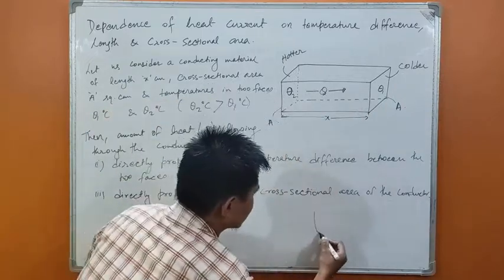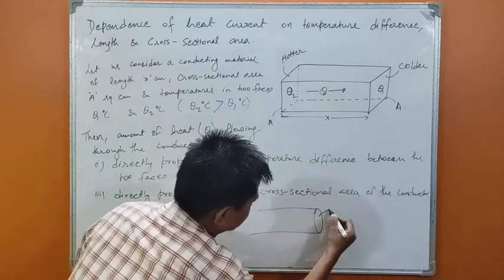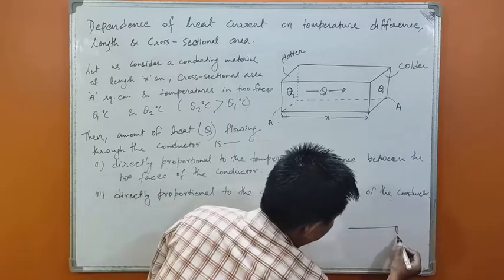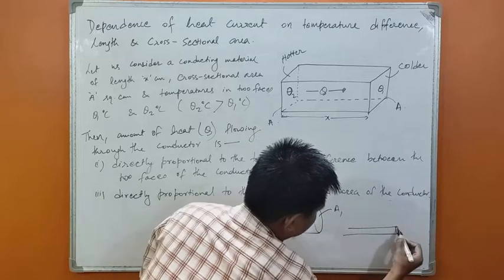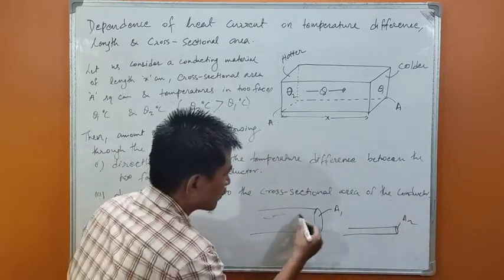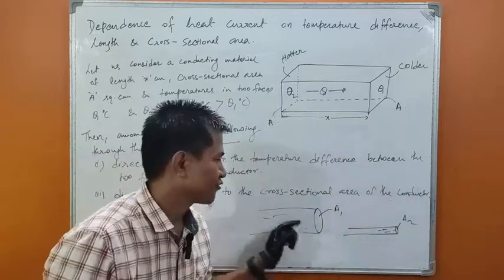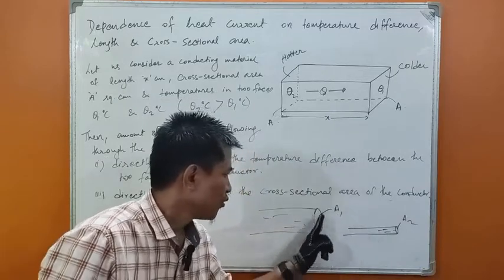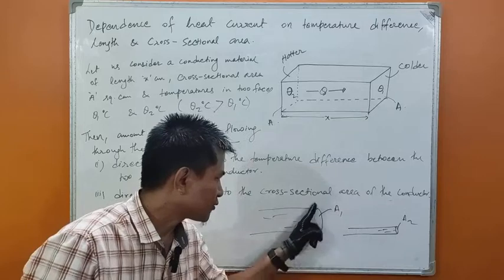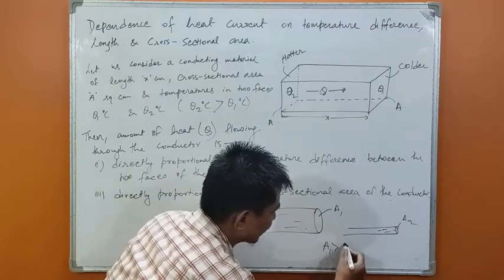Suppose this is a pipe of cross-sectional area, suppose A1, and this is another pipe and the cross-sectional area is A2. Now water is flowing from these two pipes. Are you getting me? The cross-sectional area of this pipe is more, A1 is much more than A2, isn't it?